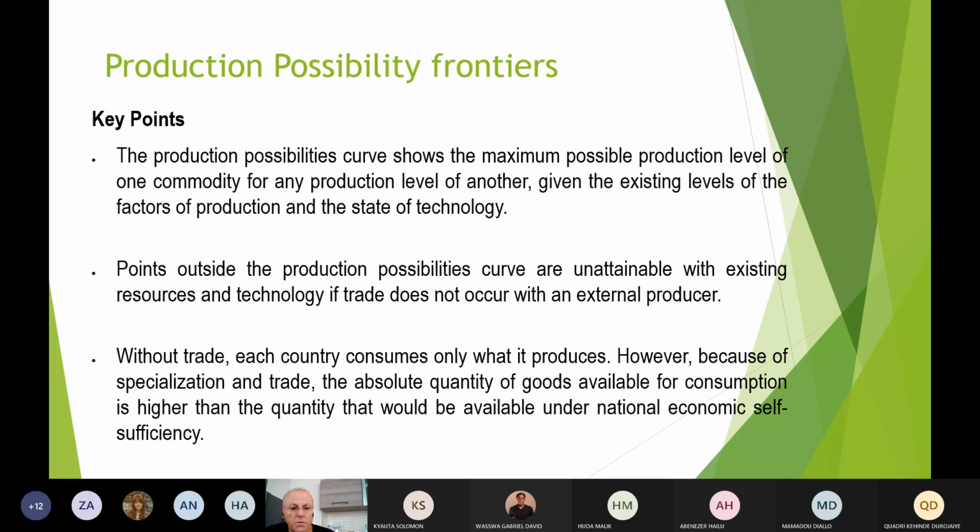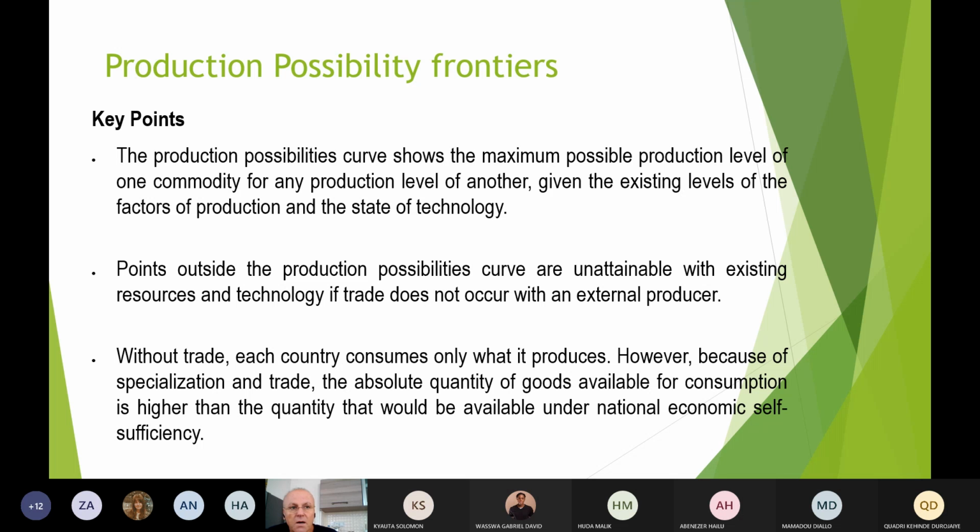The production possibility frontier, to recall our knowledge, is the curve that shows the maximum possible production level of one commodity for any production level of another, given the existing levels of the factors of production and the state of technology. In the coming chapters, we will start to exercise these functions, the components of this production.